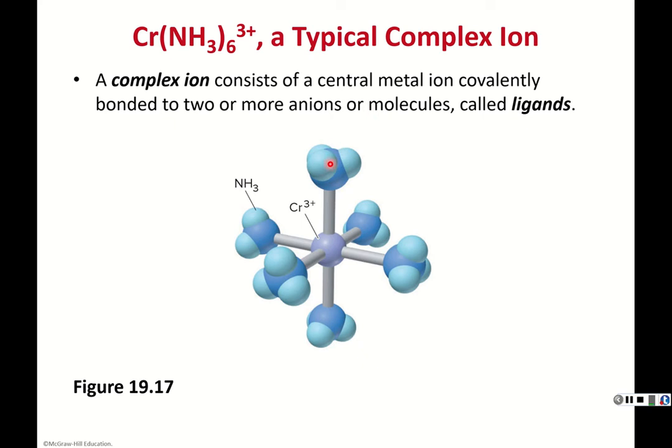We usually think of positively charged metals being bonded to negatively charged anions, but it can also be bonded to neutral molecules, things like NH3 or H2O that don't have a real full charge to them. They're just polar molecules, and can form these bonds to the metal ions as well. And again, they're called ligands. Some people pronounce this as ligands as well. I don't actually know which one is technically correct, but I like ligands.